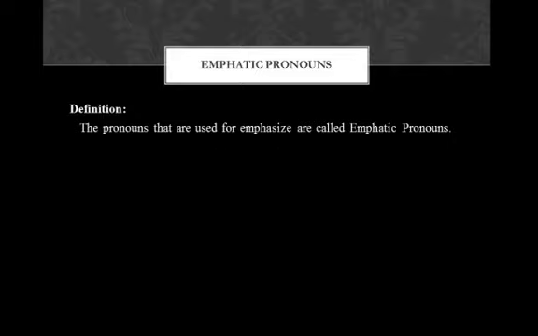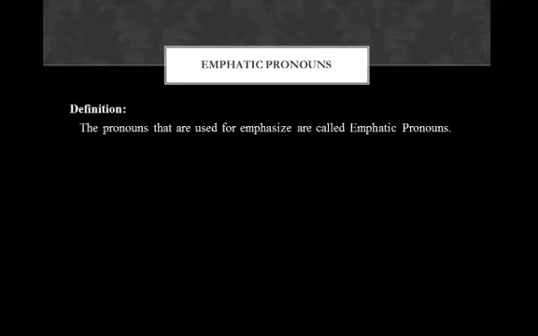What are the emphatic pronouns? As you know, the word emphatic is derived from emphasize. So the pronouns that are used for emphasis are called emphatic pronouns. In a statement, these words are used just to emphasize the doer of an action.